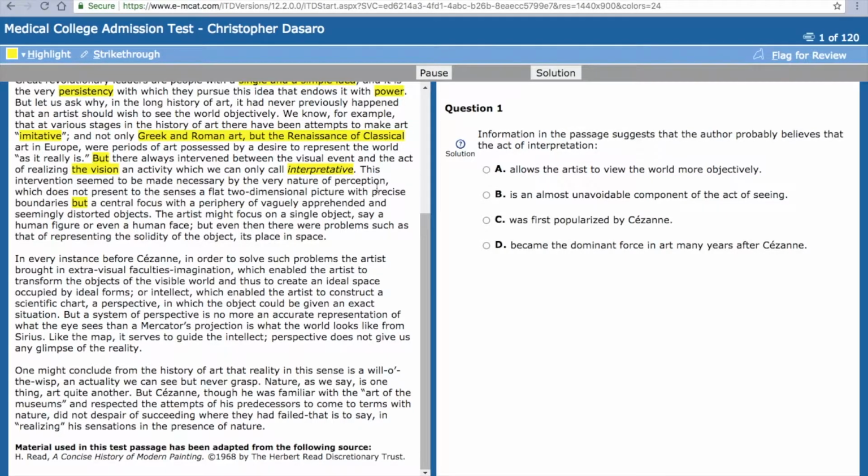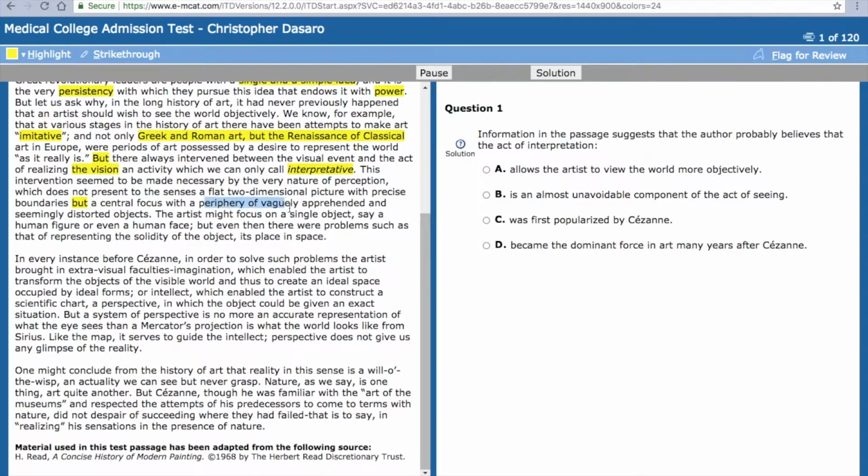So perception sort of brings along with it this interpretation. I guess you can't perceive something without interpreting it. Because, as the sentence follows, what you're perceiving is not just some two-dimensional picture with precise boundaries. You're almost walking into the artist's world.